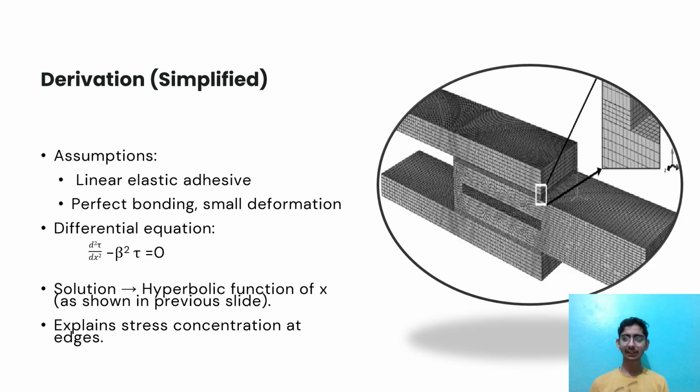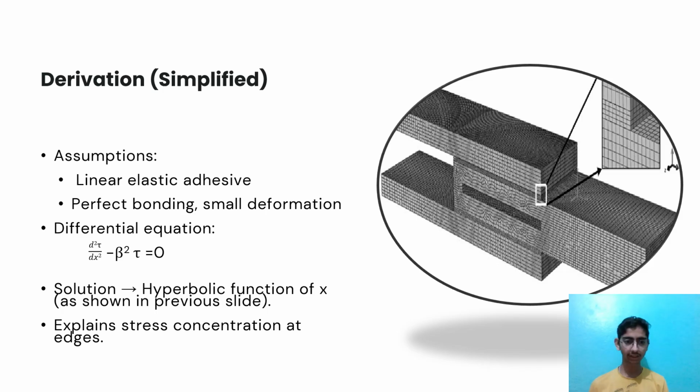So, derivation. It is a simplified derivation. For that we have to assume a linear elastic adhesive, perfect bonding, and small deformation. What is the differential equation?